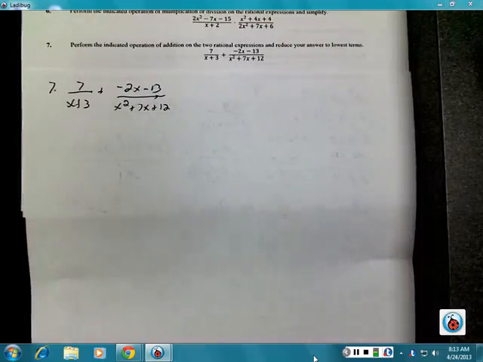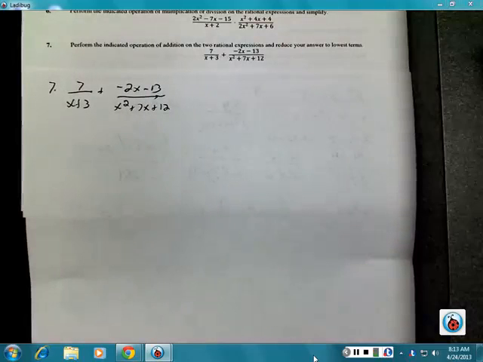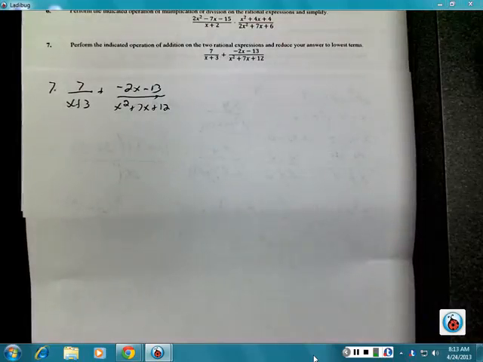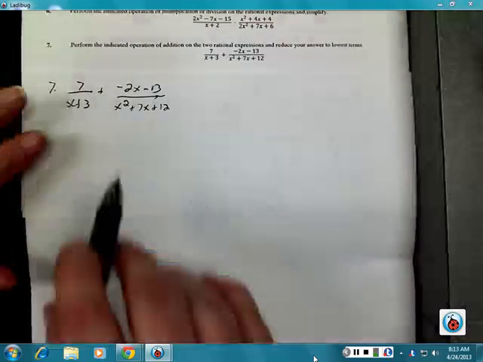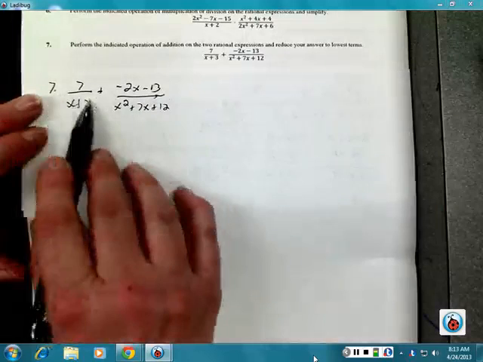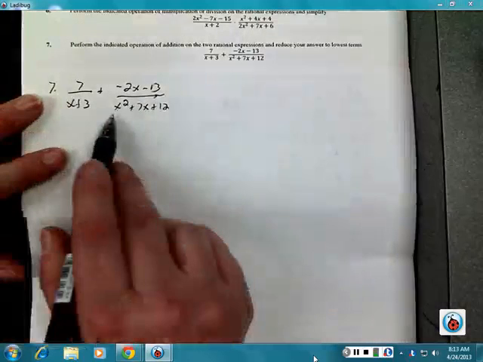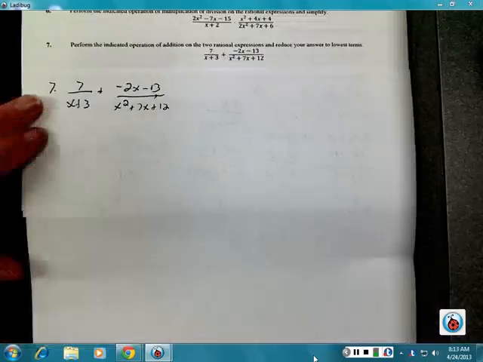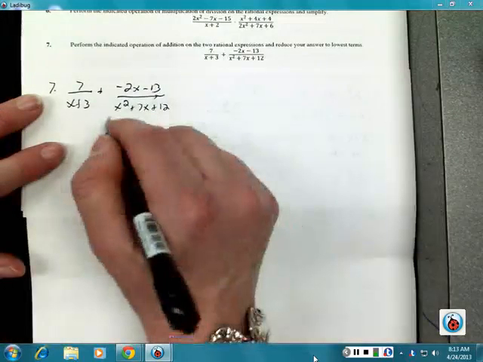So if I add things, what do I have to have? Common denominator, yes. So I need to find it. I know one piece of it's going to be x plus 3, but I don't know from this what other thing I will need. So I need to take this piece and factor it.